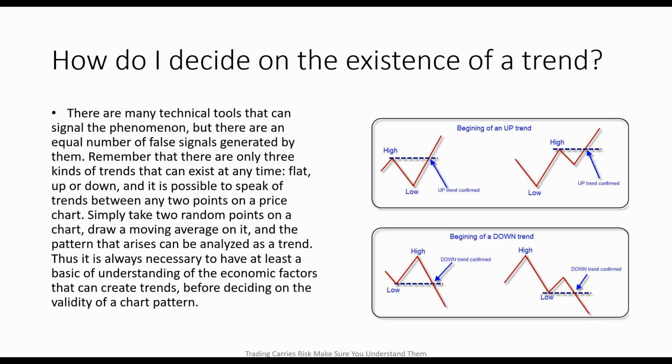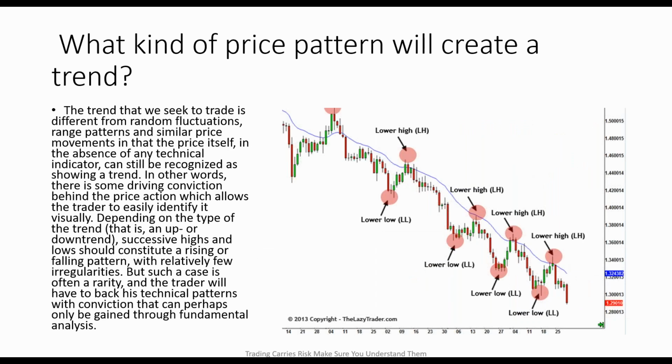And if we could see that the SUVs or the pickup trucks or whatever we're calling them were growing steadily, that shows us the trend of the market. It doesn't give us a trend line. It gives us an overall trend. If women's heels are steadily getting higher and the skirts are steadily getting lower or longer, we can see trends. So a trend in fashion, a trend in manufacturing is no different than a trend in Forex or financial markets.